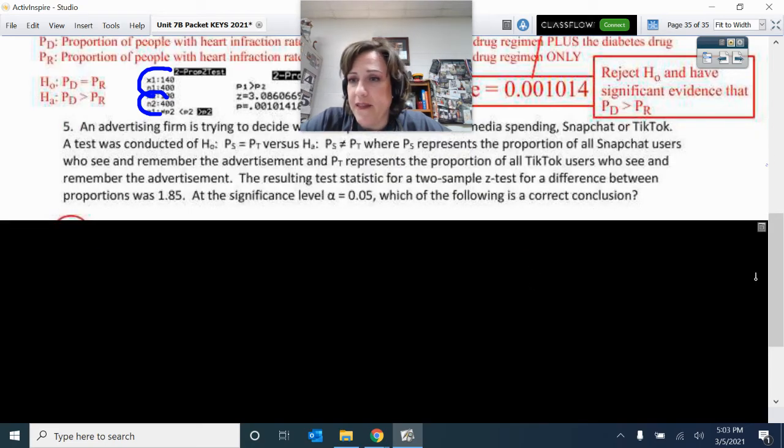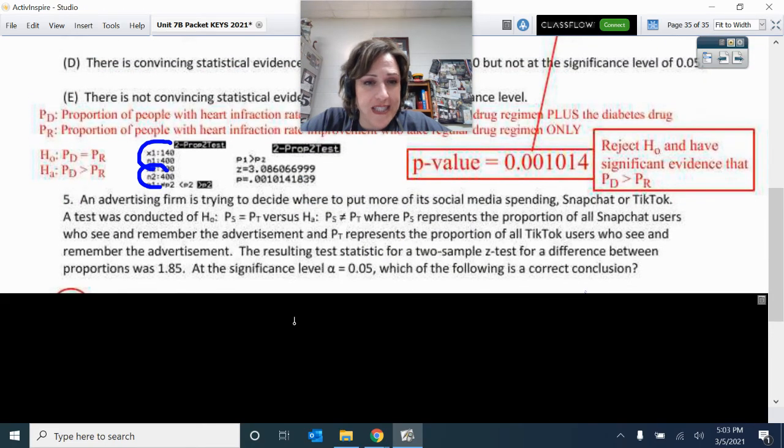Okay, is that what we got? Here we have our two-tailed test. We have our alpha. The interesting thing is they gave us a z. This is an interesting problem. When we put our information into the calculator and choose that little two-tailed symbol, the calculator will compute the two-tailed p-value for you automatically.